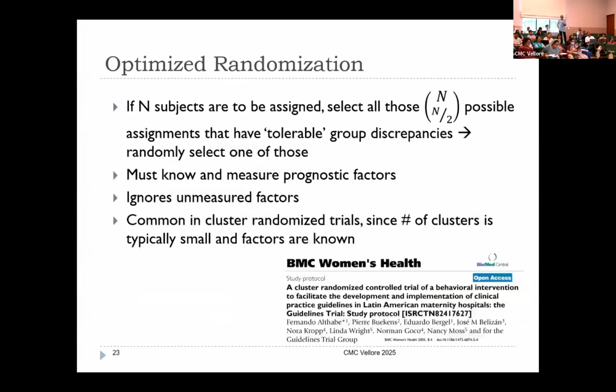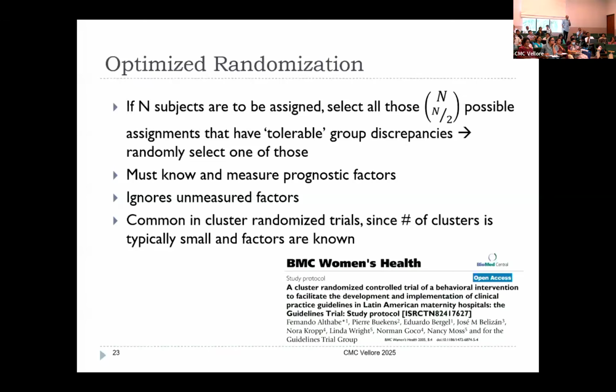Now, there is a concern that if you are doing, especially group studies, you don't have enough units being randomized, so you don't get the benefits of randomizing a lot of things. So you won't get that balance. So what has been done is what is now called optimized randomization. It's a further restriction.